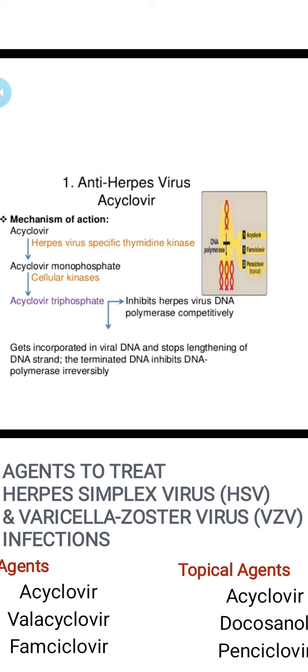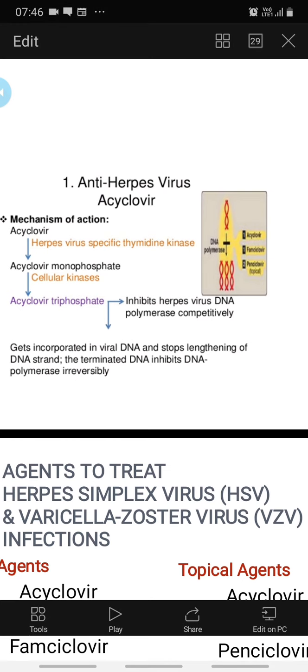These are called cellular kinases. So the first step is done by the virus specific thymidine kinase, from acyclovir to acyclovir monophosphate, then monophosphate to diphosphate and triphosphate are done by the host cell cellular kinases. This acyclovir triphosphate inhibits the herpes virus DNA polymerase competitively.